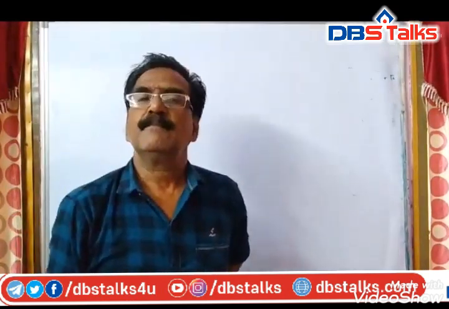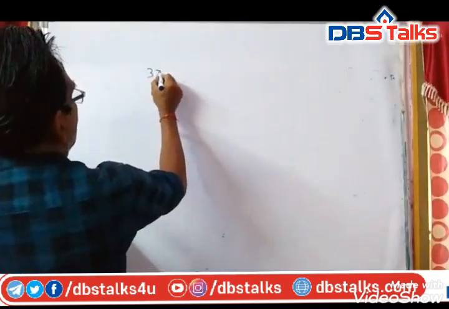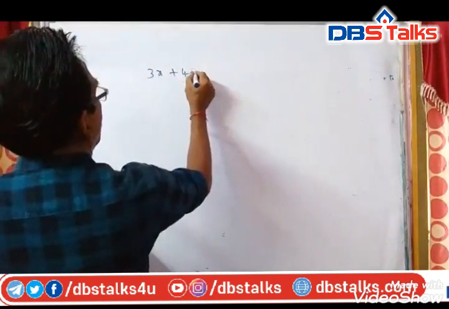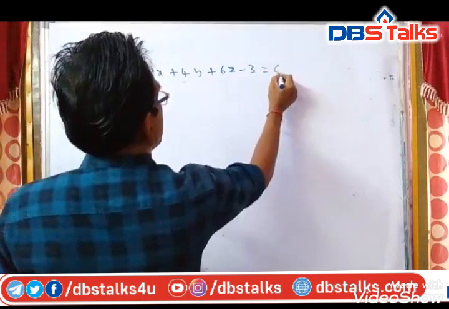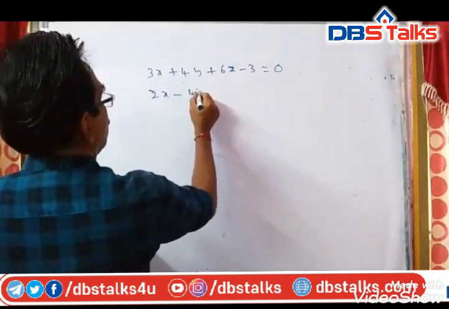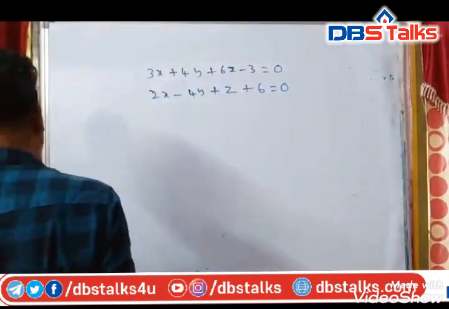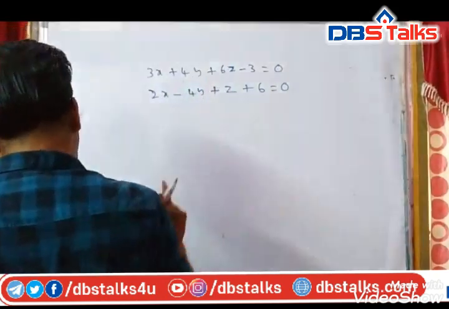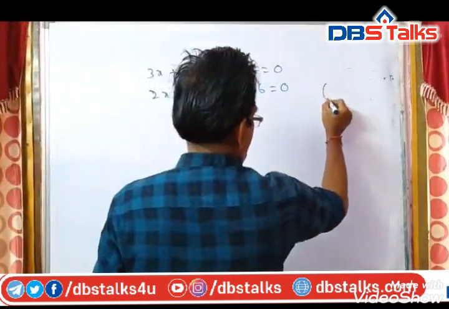Find the equation of the plane containing the line of intersection of 3x plus 4y plus 6z minus 3 is equal to 0 and 2x minus 4y plus z plus 6 is equal to 0, and passing through the origin.